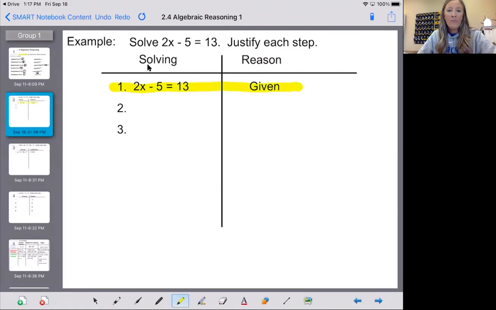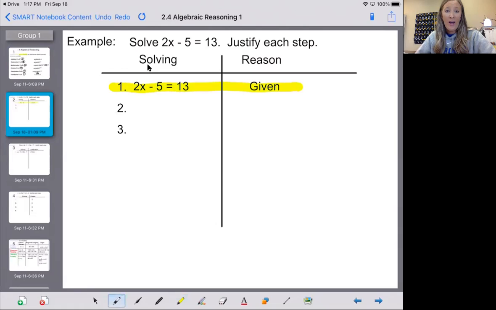So line 1, we're going to put the problem on the left-hand side, and on the right-hand side, the reason we know 2x minus 5 equals 13 is because they gave us that. So that will always be given. So first line is always, always, always what's given. Now, as we go, we're going to try to say what the next line of work would be. So if I asked you to solve this, what would you do first?